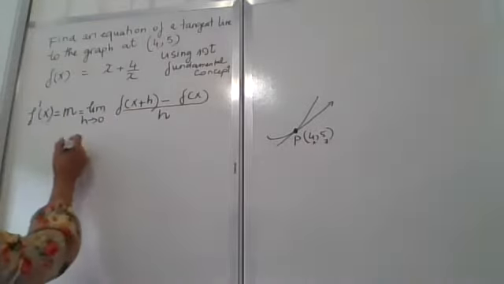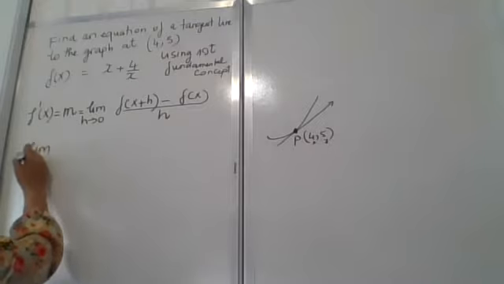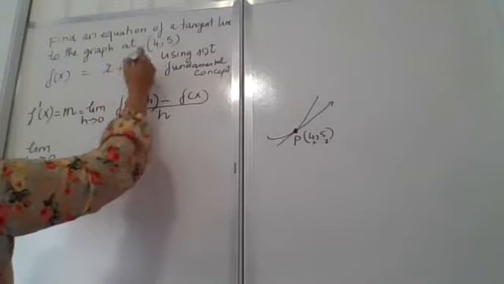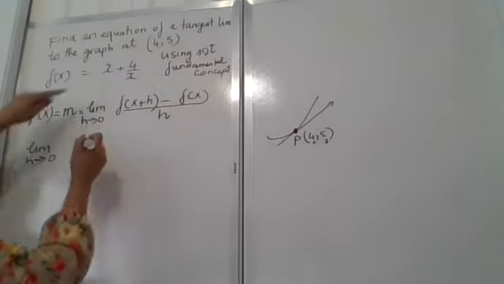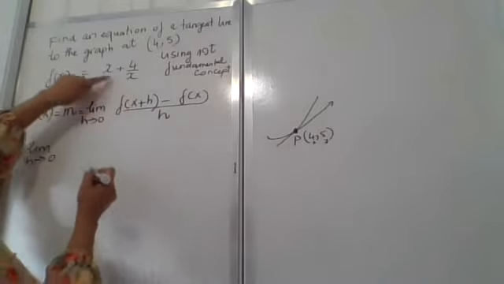But before we do that, let's do something like this. Limit as h approaches 0. Let's substitute this function in here first. Any x here will be replaced by x plus h.